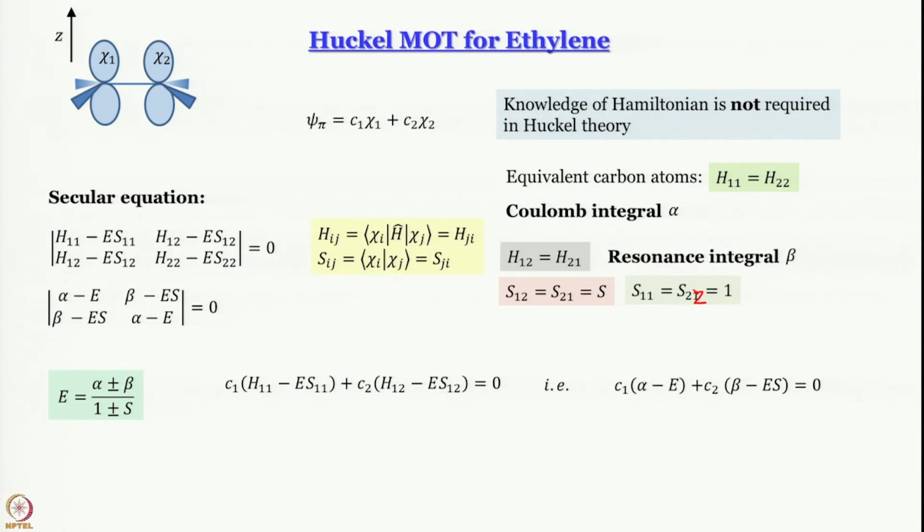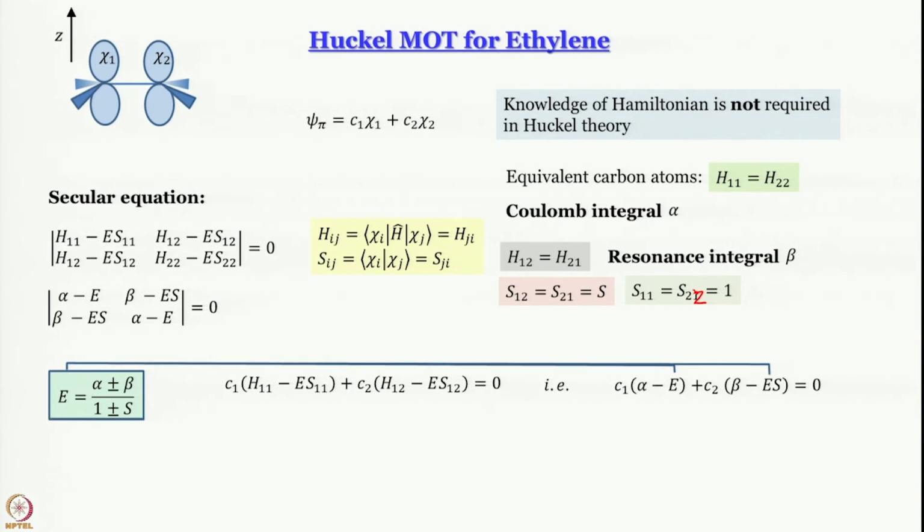So, C1 multiplied by H11 is alpha, S11 is 1, H12 is beta and S12 is S. So, we write like this, C1 multiplied by alpha minus E plus C2 multiplied by beta minus ES is equal to 0. So, if you put the value of E in both the terms where it occurs, see, you have a choice, right.